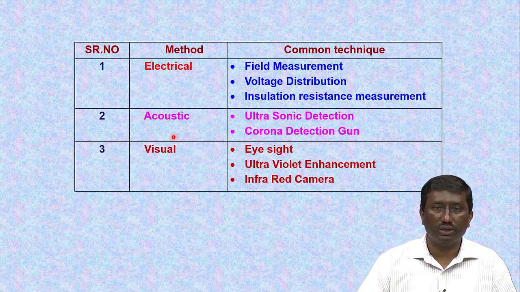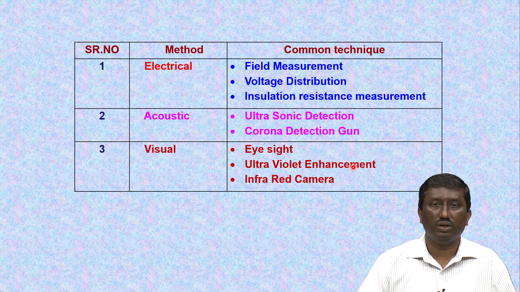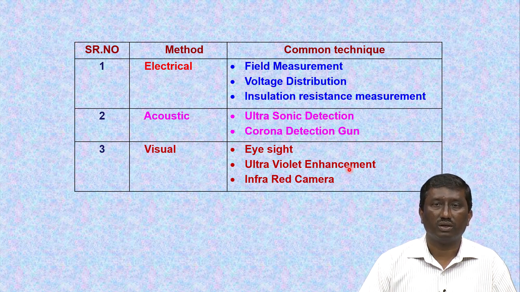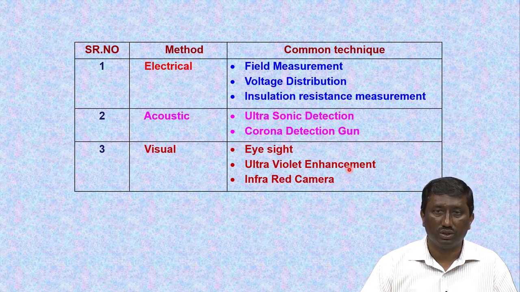Second is the acoustic method. Acoustic method employs ultrasonic detection, where an ultrasonic gun is used to verify or scan the entire insulator string and find out the defect. There is also a corona detection gun which works on a similar principle of acoustics and is being used.